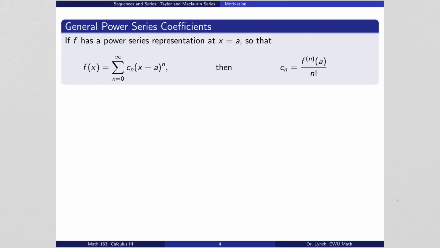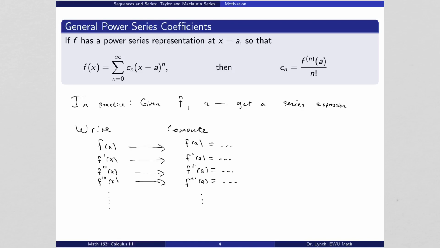Let's summarize this. If f has a power series representation at x equals a, then the coefficients are given by the nth derivative evaluated at a divided by n factorial. In practice, a problem will say something like find a Taylor series or power series representation for a given function at a given value a.